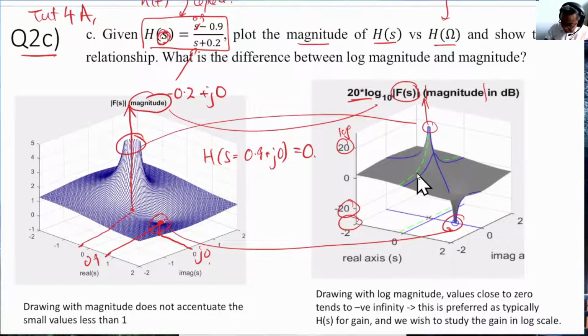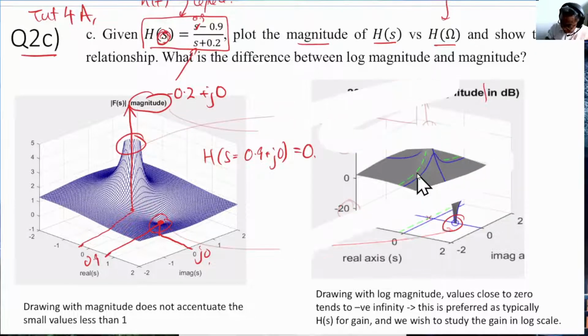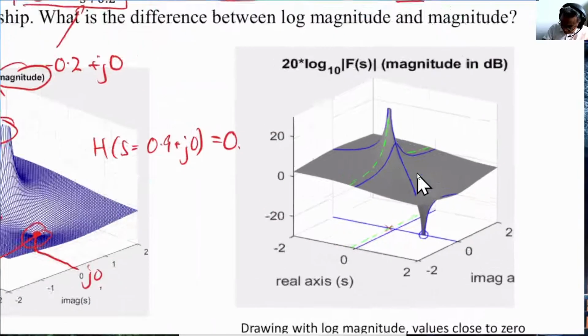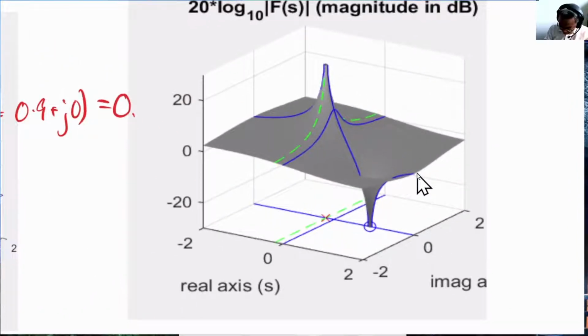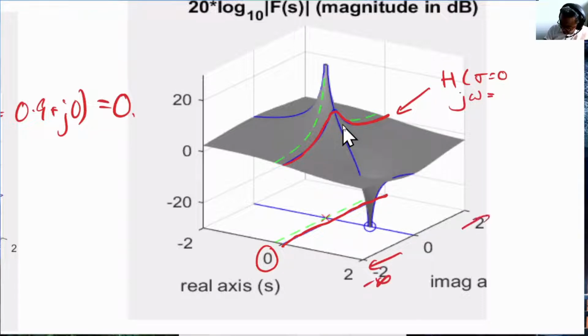Now, where is sigma equals 0? When sigma is equal to 0, it is along this blue line here. Let us plot the surface along this blue line. It is this red line over here now. This red line that we are seeing is actually h of sigma equals 0, then j omega from minus infinity to infinity.